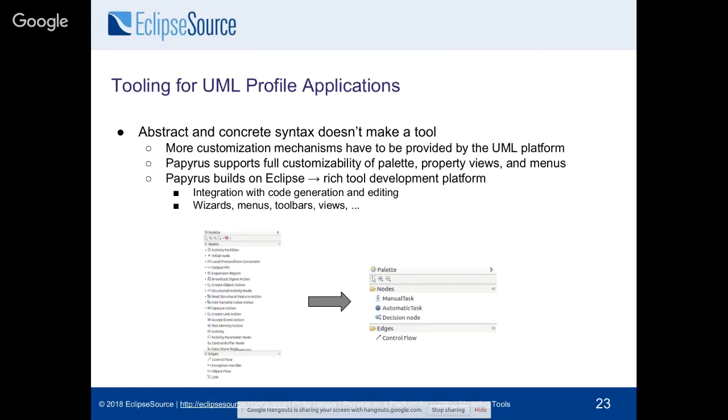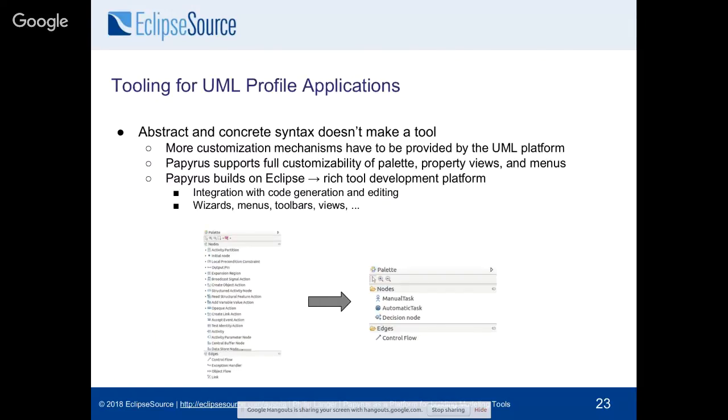We would maybe also integrate it with a specific infrastructure like other data sources, and make it very easy to create models, for instance. And here we can again, since Papyrus builds on Eclipse, reuse all these extension mechanisms that we have available from the Eclipse Rich Client Platform to, for instance, create wizards, menus, and toolbars.